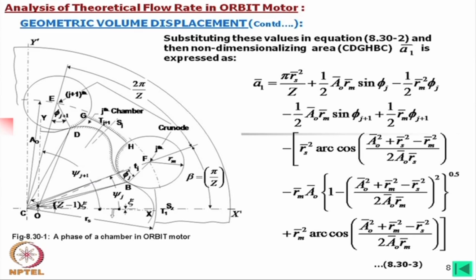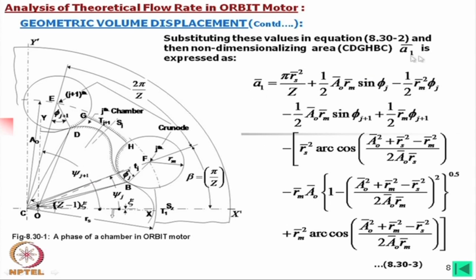So, we have divided by R0 to make any length, A0, Rm, etc., non-dimensional. This means that while considering area, suppose we have calculated this one, the actual area will be A1 bar into capital R0 square, that you should remember.